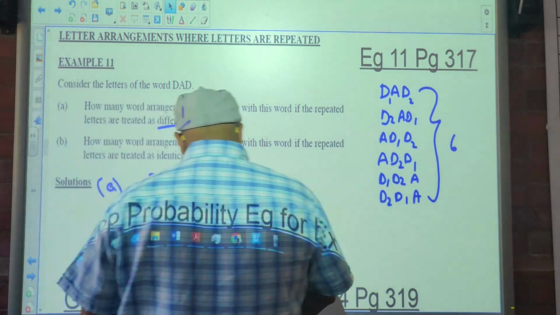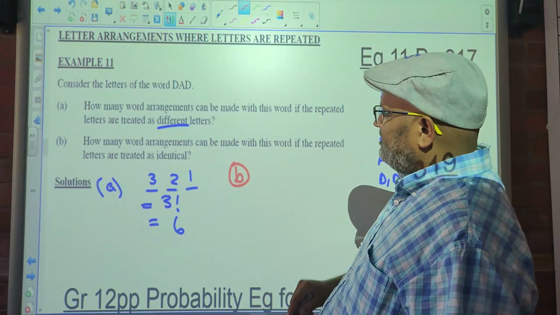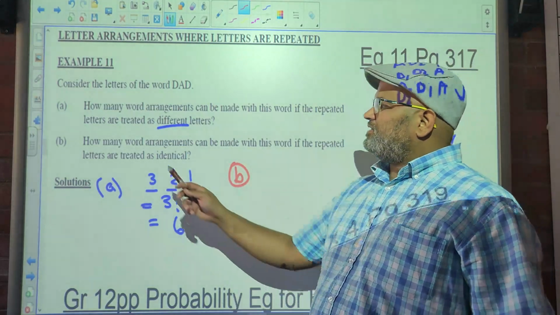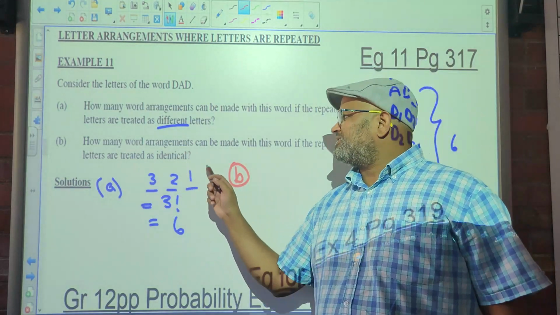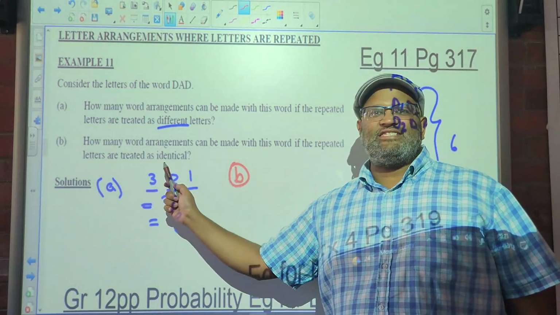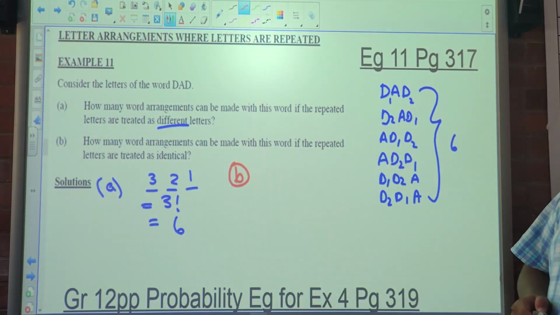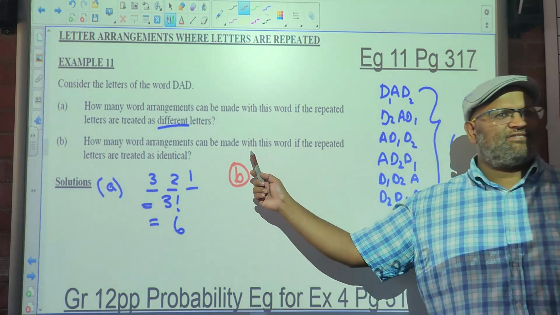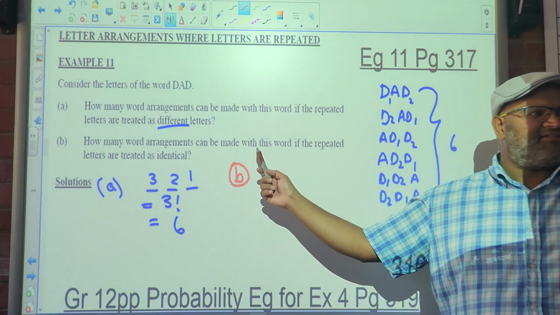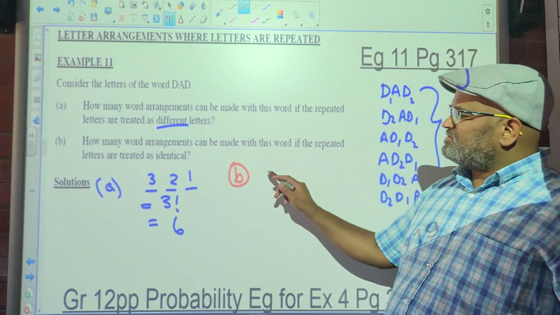Now, if I look at B now, here we are told in how many word arrangements can be made with the word if the repeated letters are treated as identical letters. Repeated letters are treated as identical letters. So are the D's the same in this case? This was identical. Alright? So how many word arrangements can then be made?